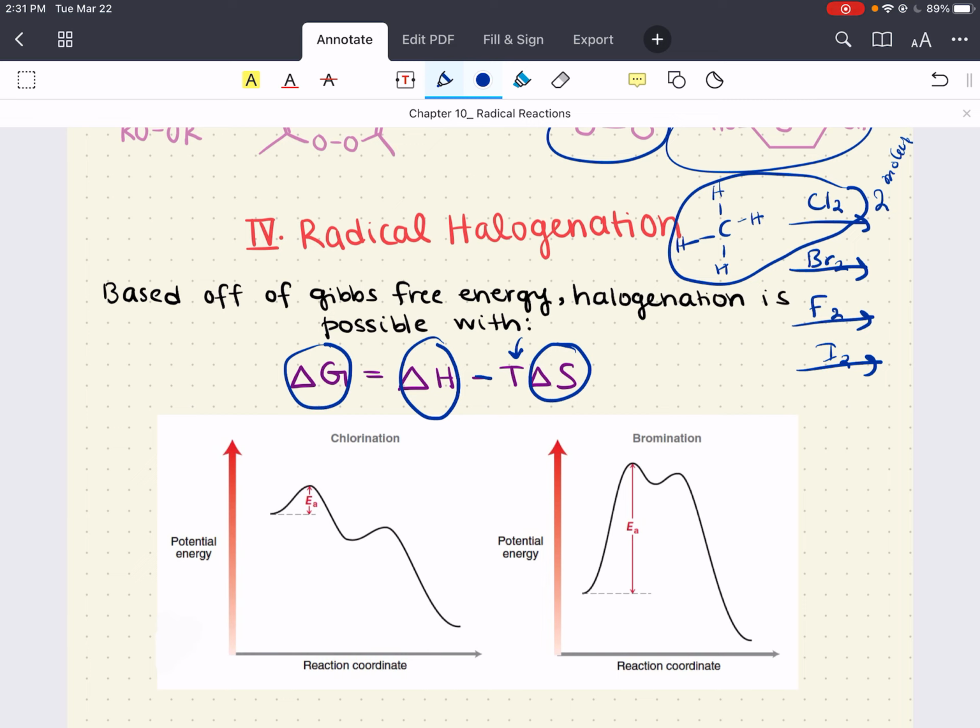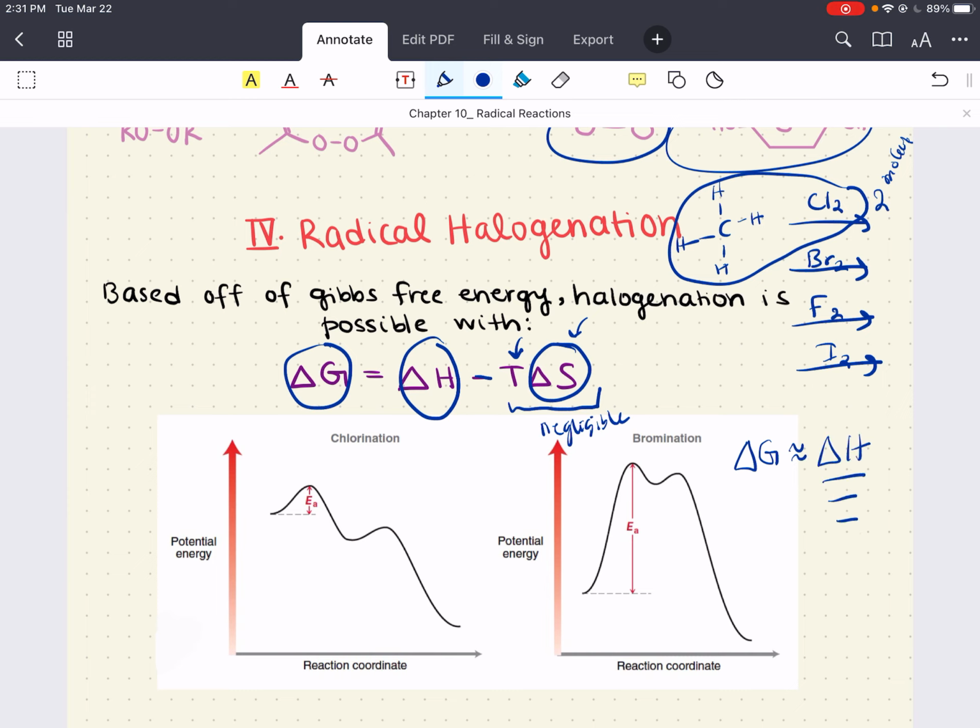So since we are starting and ending with equal amounts of molecules, the entropy component in our Gibbs free energy equation is actually going to be pretty negligible. And so what that means is we can essentially write that our Gibbs free energy is approximately equal to our enthalpy.